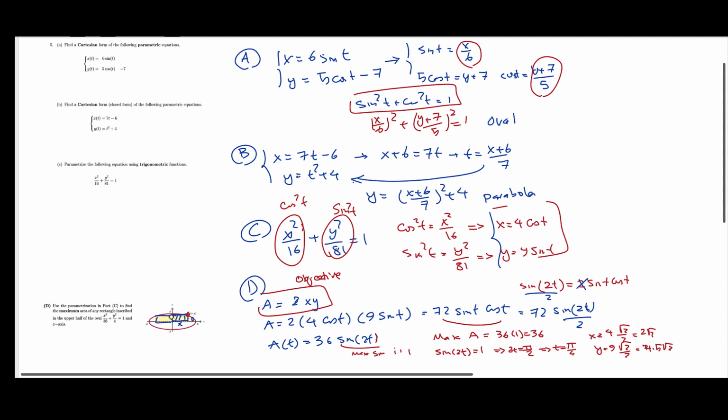And so therefore the dimensions are going to be 4 square root of 2, because 2 times x, there's another x here, times 4.5 square root of 2. But the question is only asking, I did a little bit of extra. The question is just asking to find that 36.